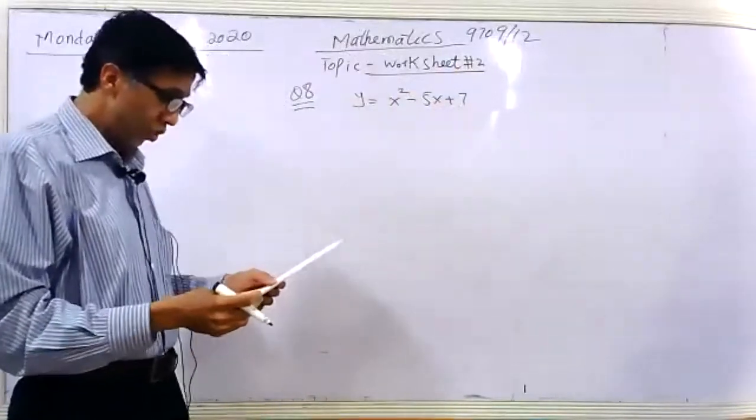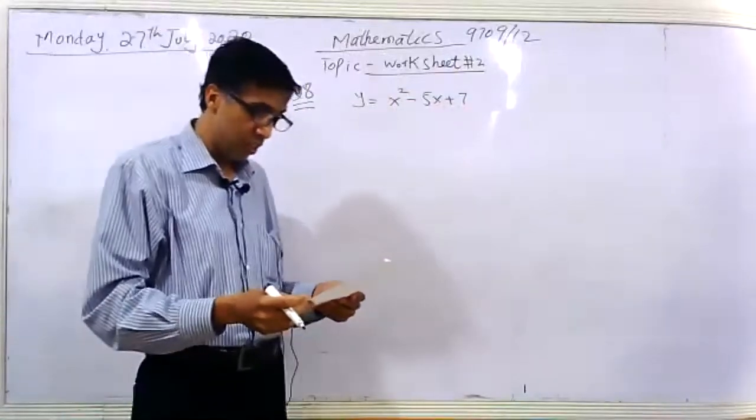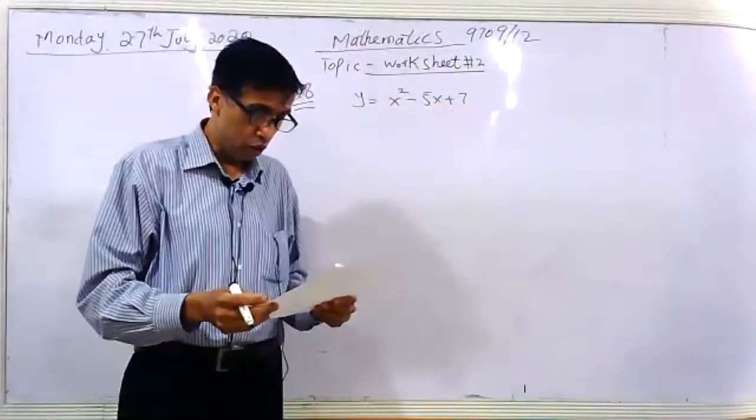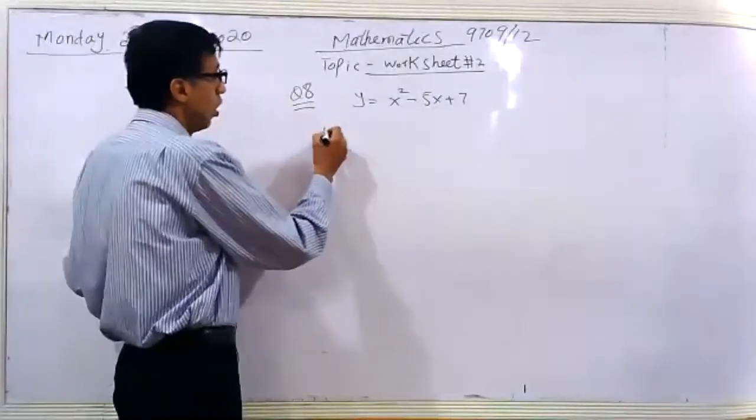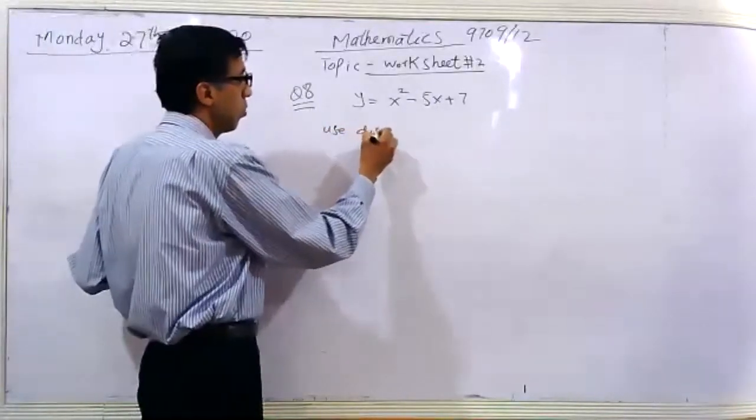The equation of the curve is this one, and the equation of the line is y equals 2x minus 3. We have to show that the curve lies above the x-axis. Use the discriminant.